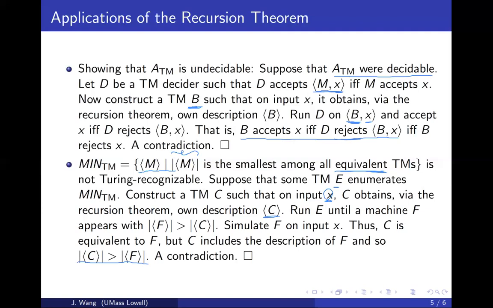So that is a contradiction, because you cannot have this and this at the same time. Why is it a contradiction? That's because you assumed this is enumerable.